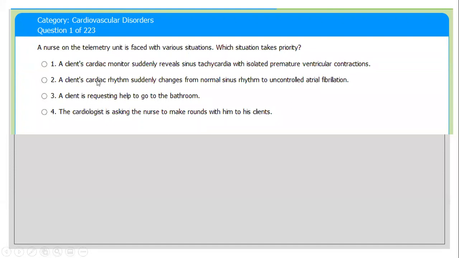Number two, a client's cardiac rhythm suddenly changes from normal sinus rhythm to uncontrolled atrial fibrillation. Number three, a client is requesting help to go to the bathroom. And number four, the cardiologist is asking a nurse to make rounds with him to his client.